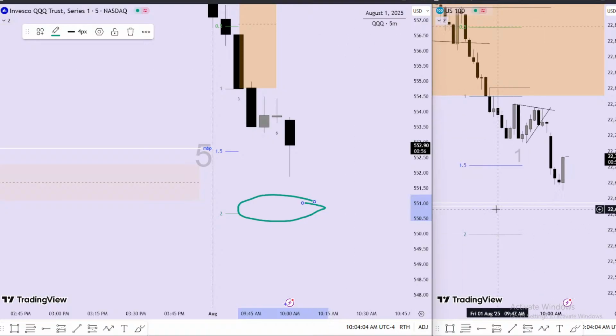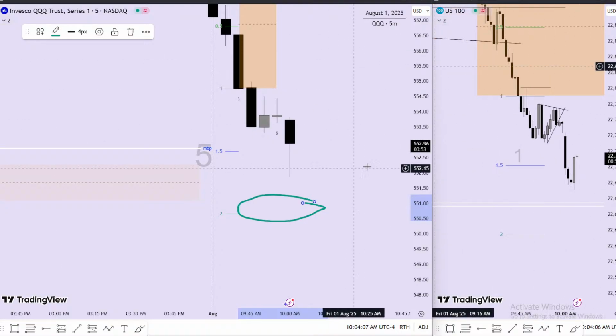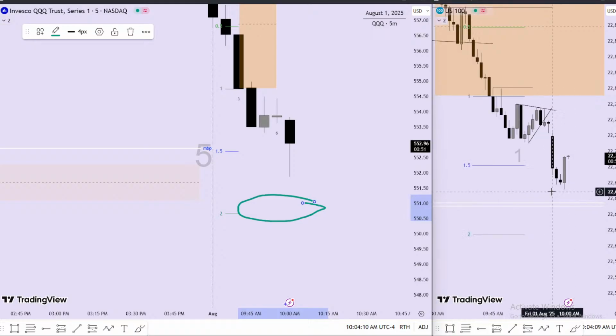Okay, we just dance around here for some time, probably reach it sometime after some time.